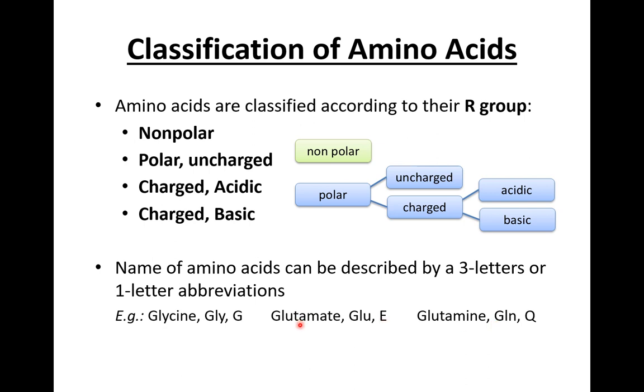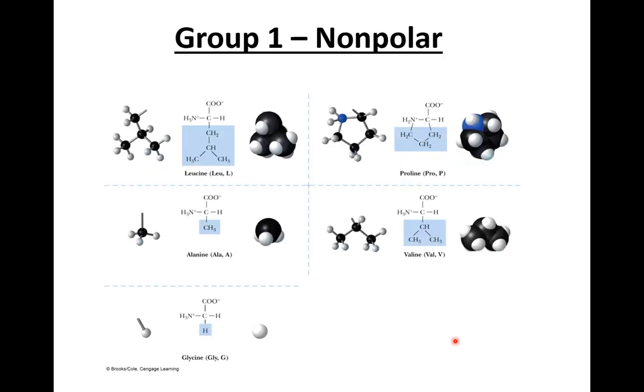The same thing for the first letter, which might be available or not. So with glycine, you have the first letter G. For glutamate and glutamine, the G is already taken, therefore the single letter is different from their first letter. So in this case, E for glutamate and Q for glutamine.